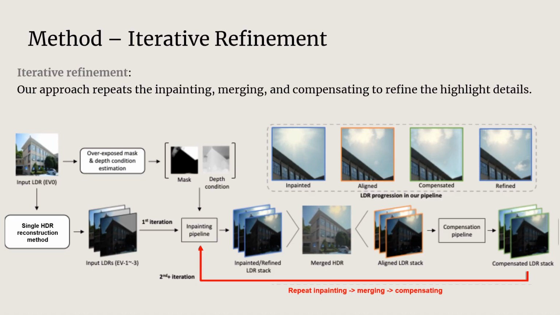Our approach isn't a single pass. We use iterative refinement, repeating the cycles of inpainting, merging, and compensation. This step-by-step process gradually recovers fine details in the most severely overexposed regions while maintaining global image coherence.